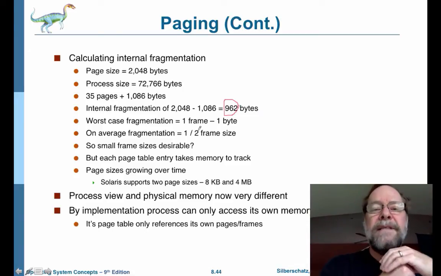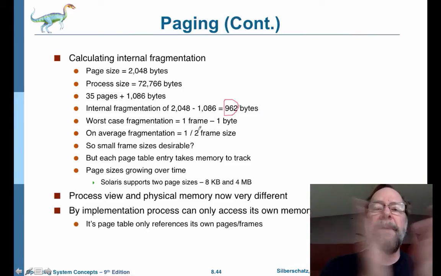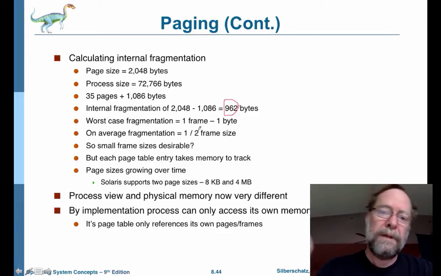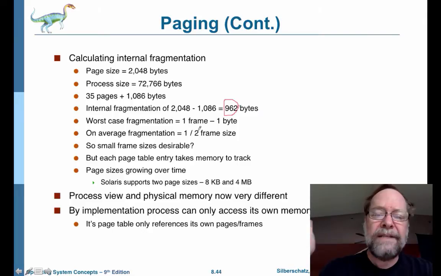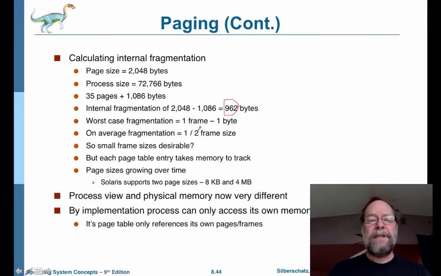And that means that an individual process may occupy a great many pages, remembering pages and frames are the same size. If you have a lot of pages, then the memory that you have to use to store the page table for that process will also get much larger. And now you're wasting memory just holding the page table. You're not actually holding the contents of the process, its data or its code at all.